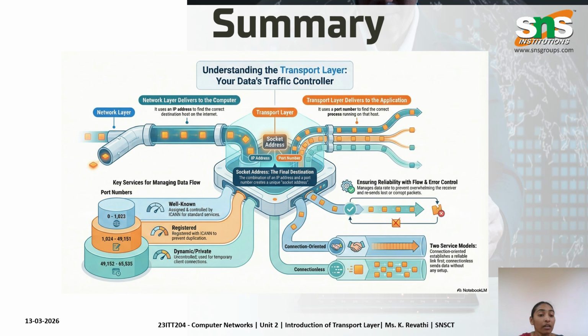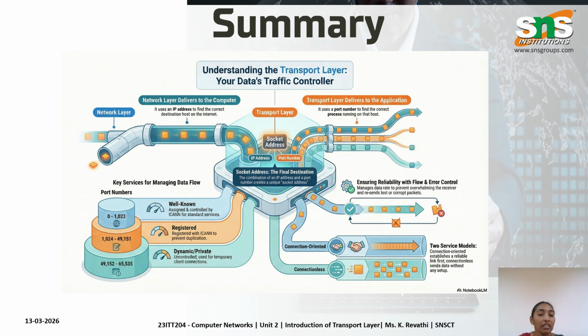It uses UDP, that means user datagram protocol. Then sending an email is done using transmission control protocol. Then online gaming comes under user datagram protocol. This shows different applications choose protocols based on speed versus reliability requirements.